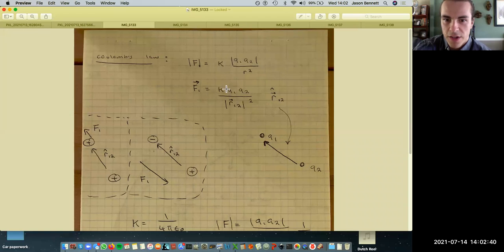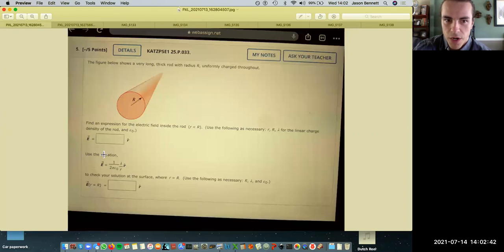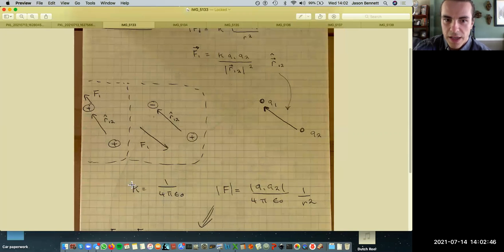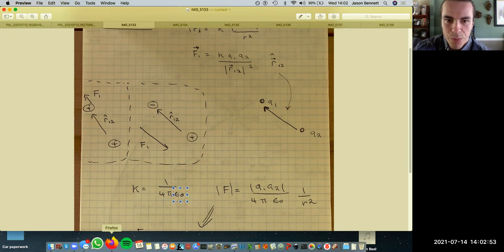There's this constant here, which, if you look at the problem, we're actually using these other units. So instead of k, Coulomb's constant, we'll use 1 over 4 pi epsilon.